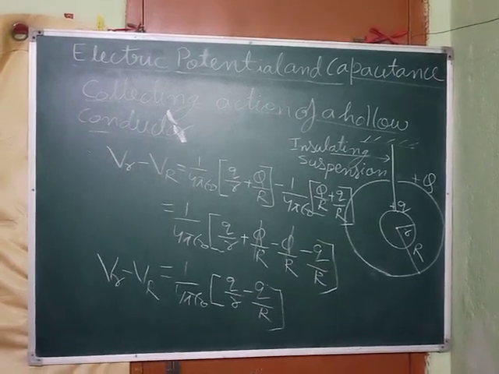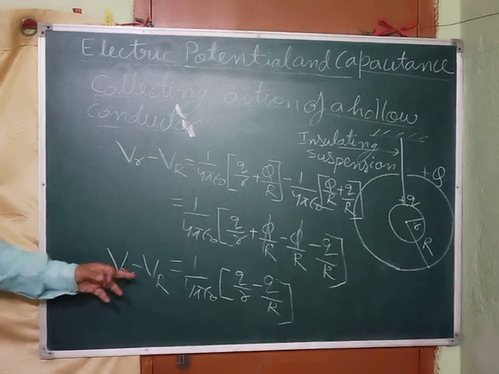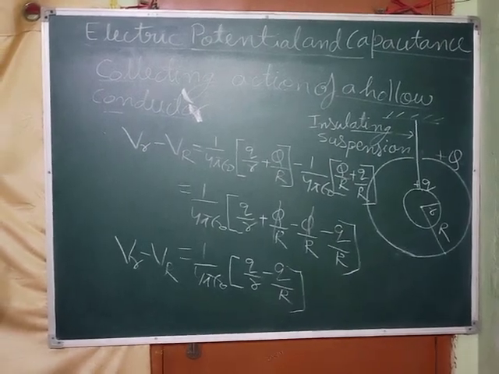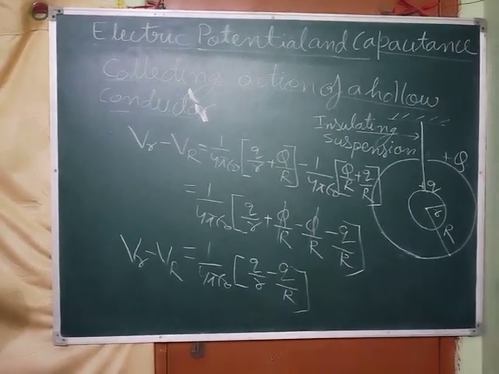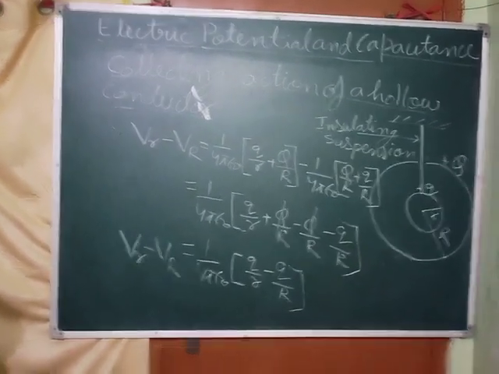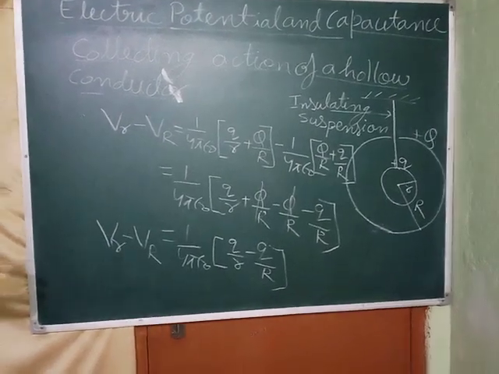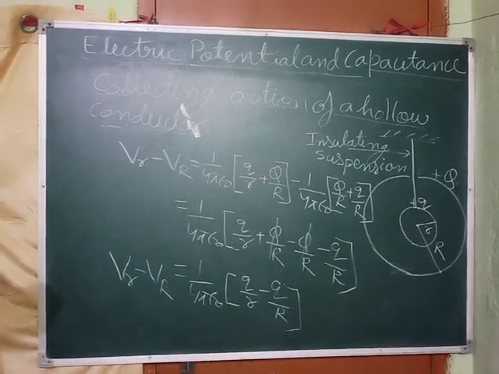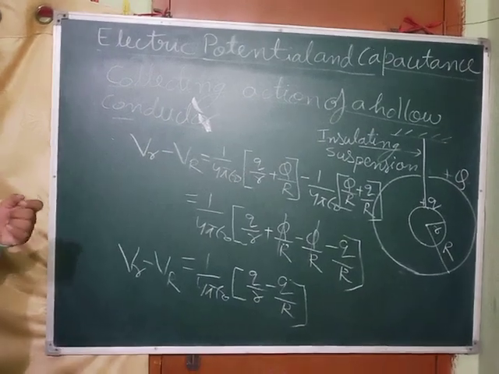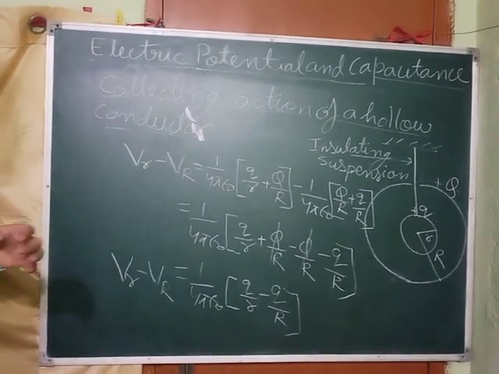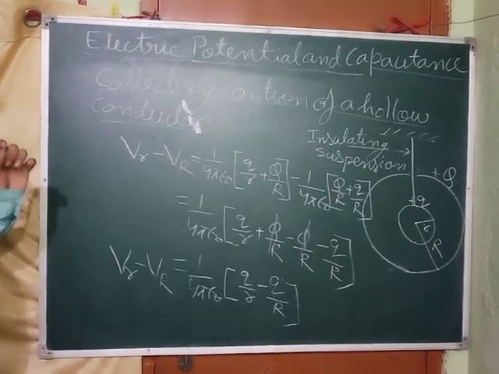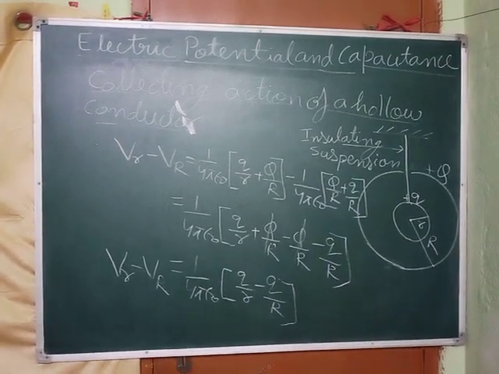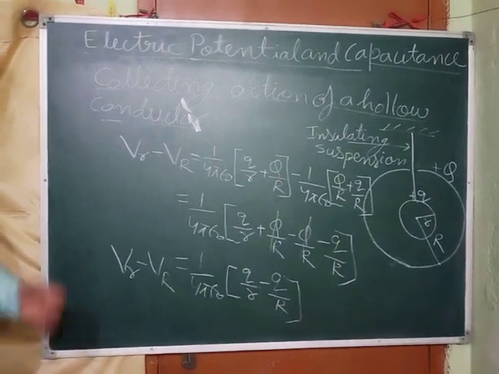As there is no capital Q in this expression, it indicates that the potential difference between the two spherical cells is independent of the charge on the outer spherical cell. Full stop.